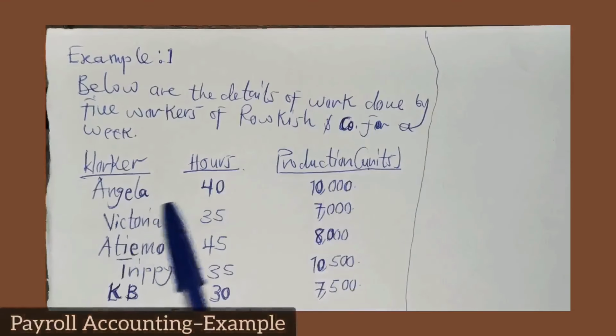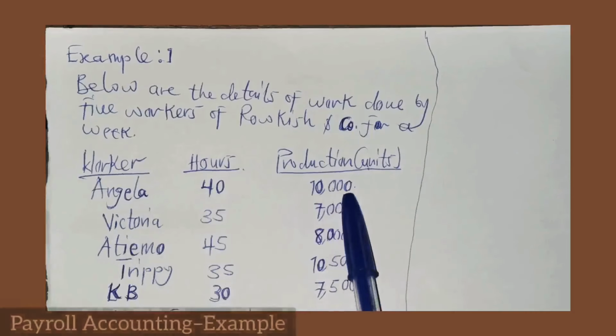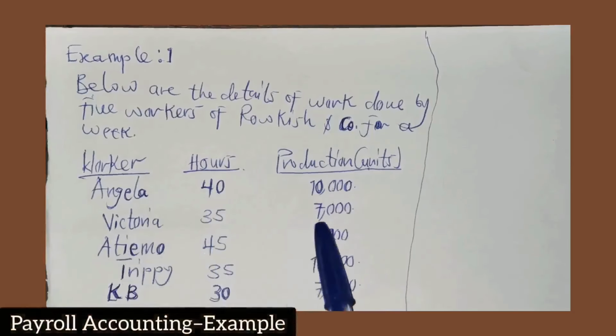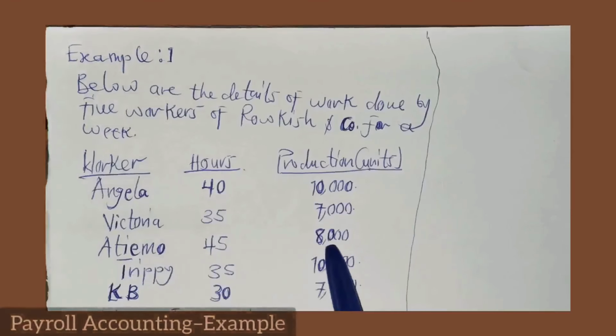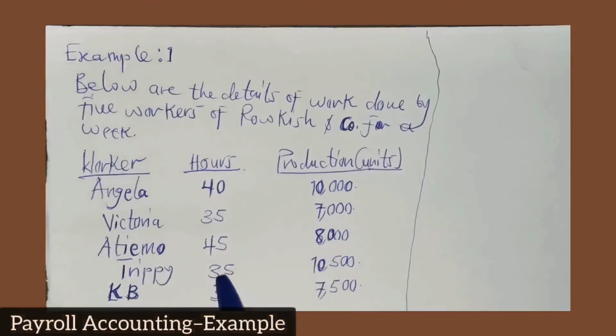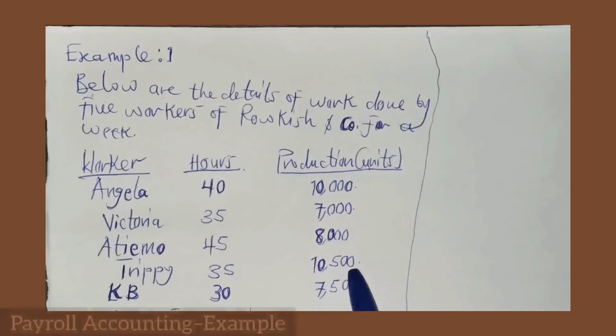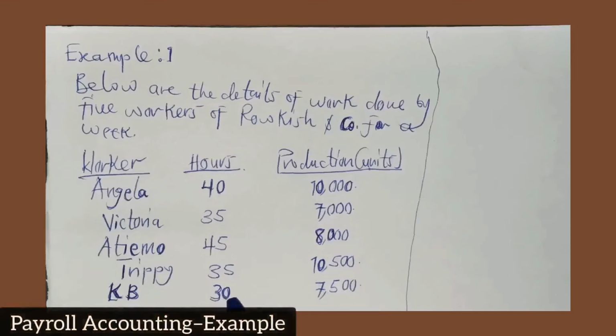Angela, 40 hours, then the production unit. Victoria, 35, then their production is 7,000. Atiamo, 45, then production unit is 8,000. Then 3P is 35 hours, then 10,500 production units. Then KB, 30 hours, then 7,500 units.